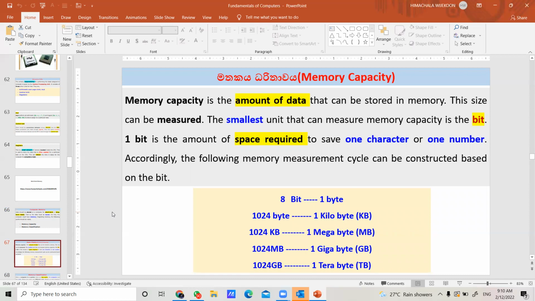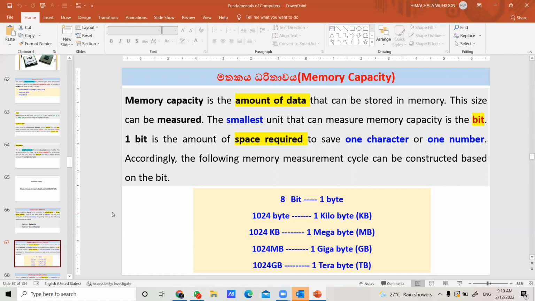8 bits is called 1 byte. The space required to store 1 character is called a bit. We should have an idea about the quantity and capacity of a bit also. Bit 1 means the space required to store 1 character, 1 digit, 1 number.